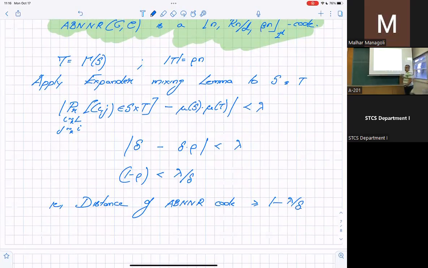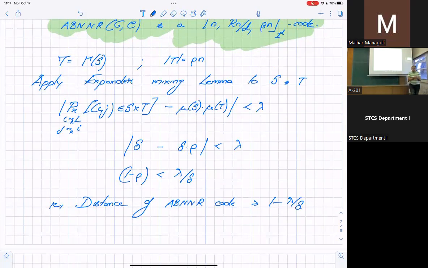So I started off with a code which had distance small delta, and suppose that the expansion was such that lambda was epsilon times delta.